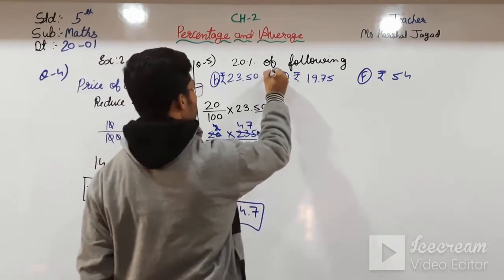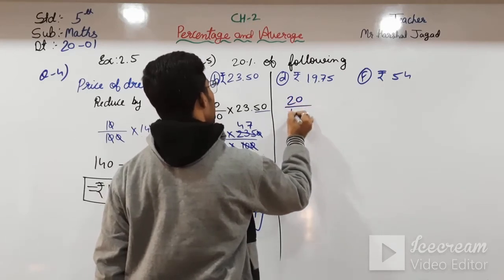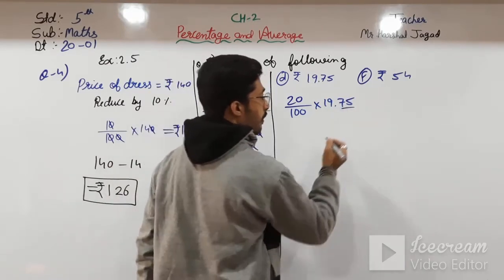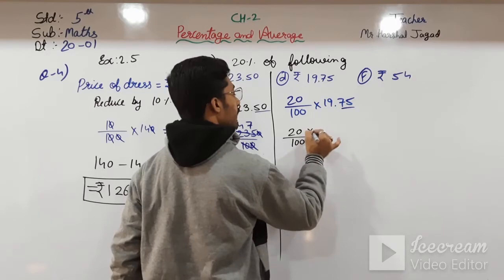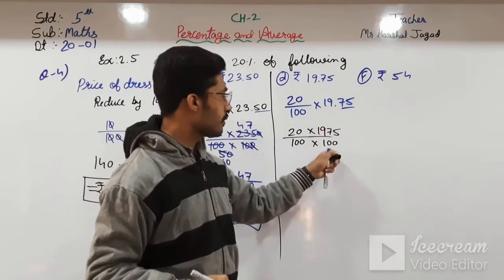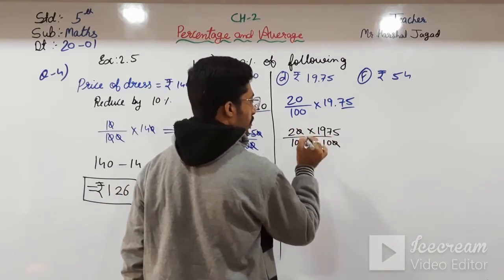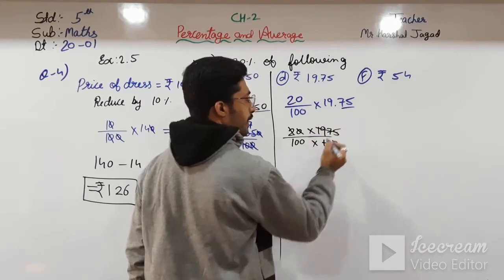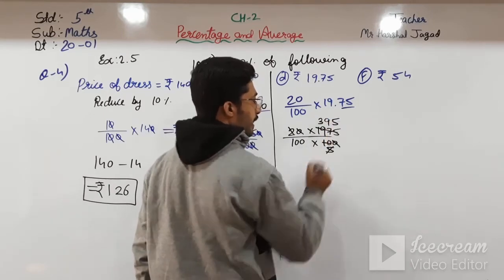Next, 19.75. We have to take 20%, so 20 upon 100 into 1975 upon 100, since there are two digits after the decimal, so I have put 2 zeros, that is 100. The 0 0 cut, then 2 5s are 10, 5 3s are 15, 5 9s are 45, 5 5s are 25.